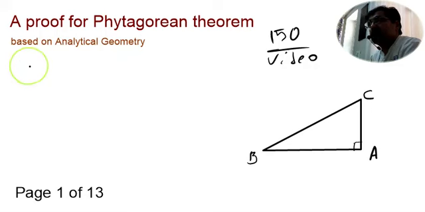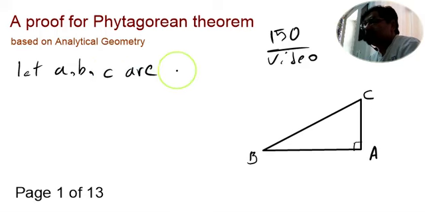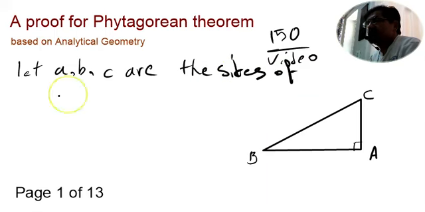Okay, let A, B and C are the sides of a right angle triangle.